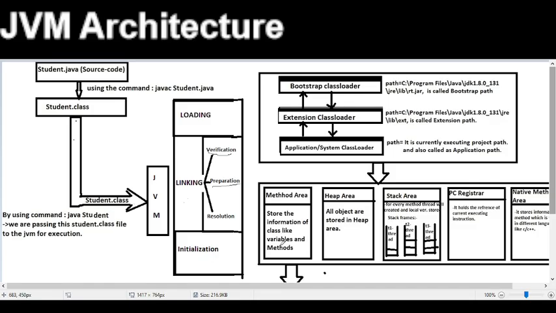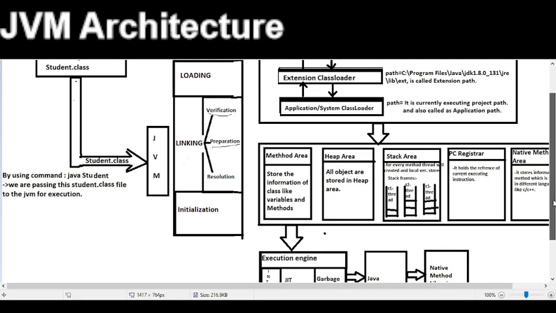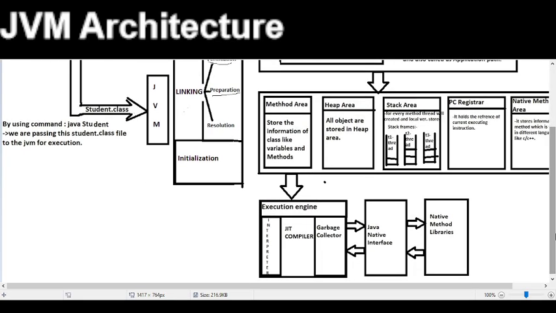After allocating the different types of memory areas, one more phase comes into the picture, that is the execution engine. After loading and allocating the memories, the execution engine comes into the picture.